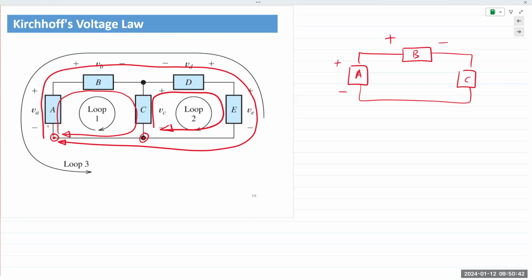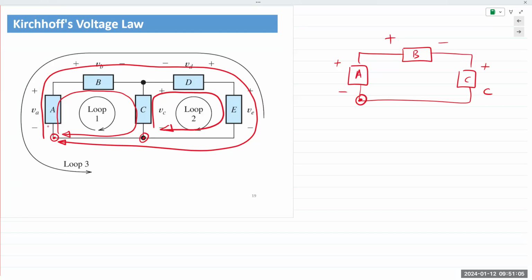This is B, and this is C. Now you can start at any corner. You can start between A and B, or between B and C, or between A and C. My preference, again, is always to start at the bottom left corner of the schematic. So I start from here, and I travel around that loop.